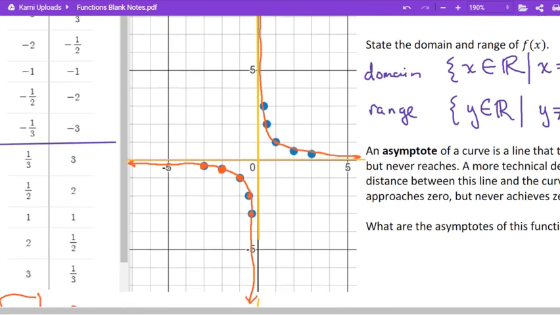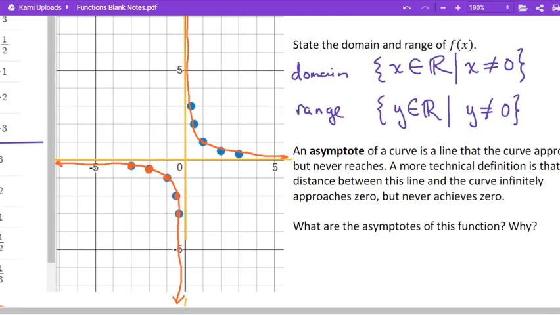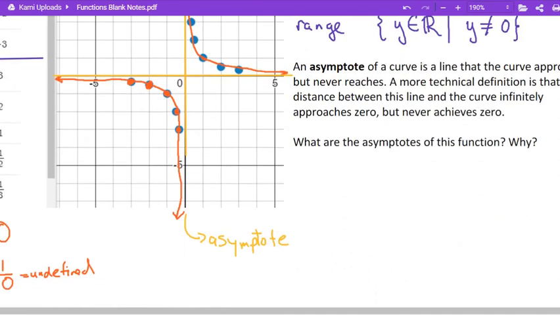And so here's the question. Is this function a discrete or a continuous function? It's a continuous function because it is a solid line, but it has asymptotes that break it up to almost look like two functions. Does this pass the vertical line test? It does. So it's a function. So let's look at the definition of an asymptote.